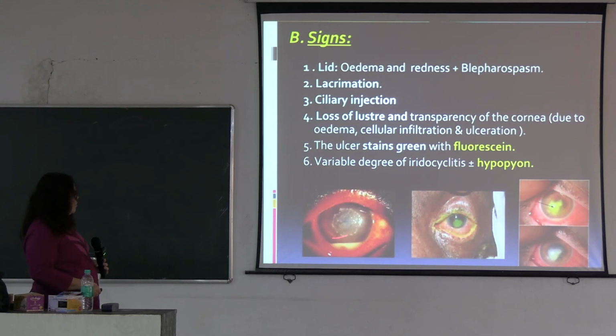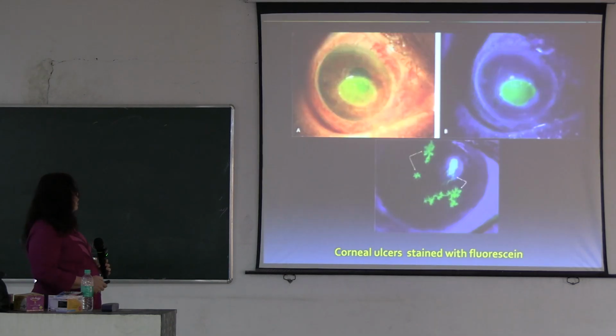Here this one is the ulcer, and here staining occurs. This is fluorescein stain. And if there is infiltration of polymorphonuclear cells and they settle at the bottom of the anterior chamber, this is called hypopyon, due to iridocyclitis.